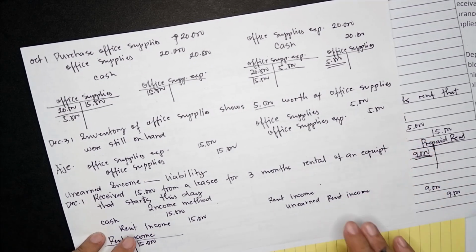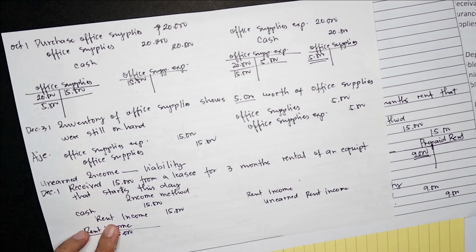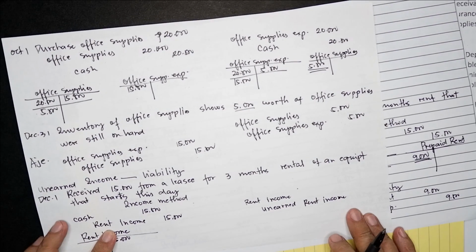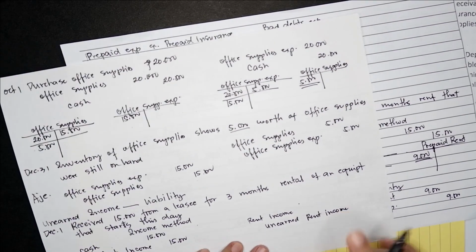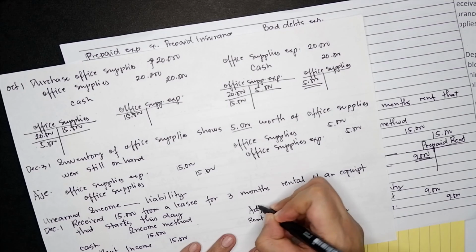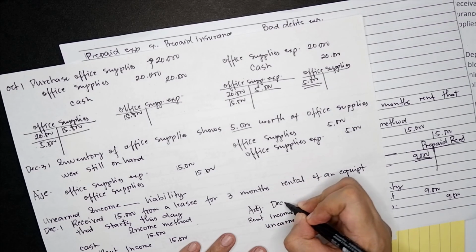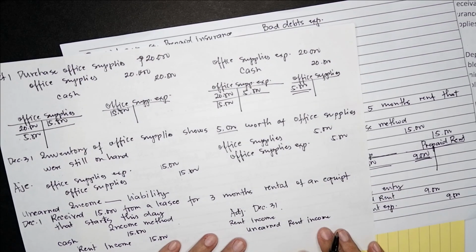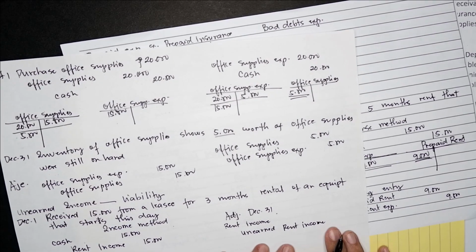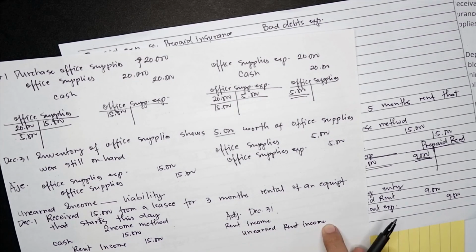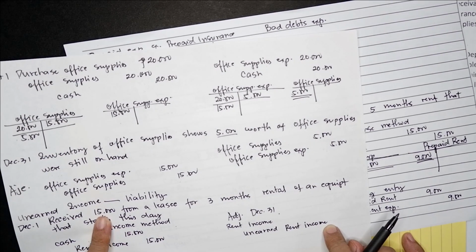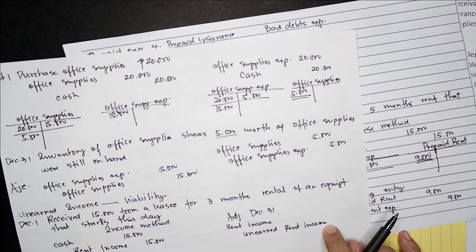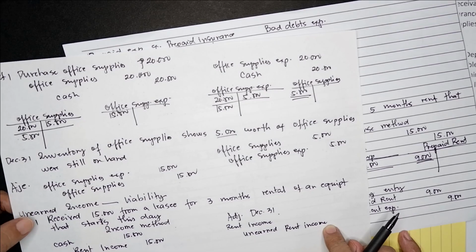Again, rent income was already recorded. So this time for our adjusting entry, the liability method will be recognized. This is our adjusting entry, December 31. How much will be the amount? That is the liability part of this 15,000. How many months is our liability? That is 2 months, because it starts on December 1.